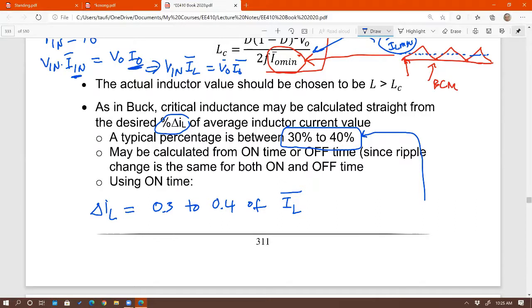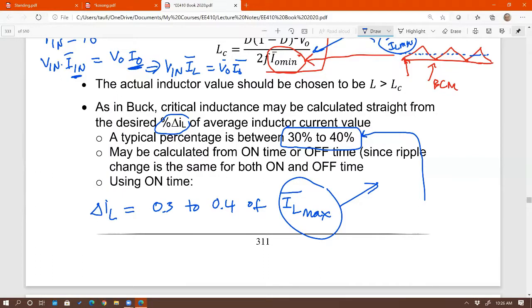Of course, you want this to be the worst condition, right? So that's going to be IL max. And how do you find IL max? Well, that depends on the converter. For a buck, that's easy.